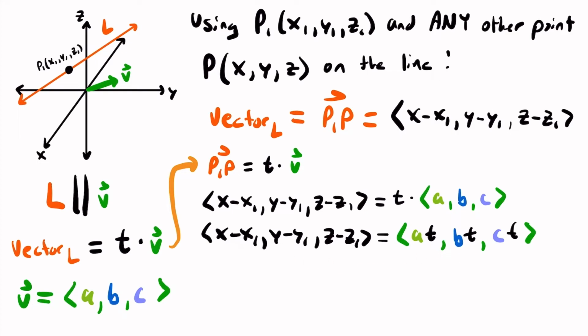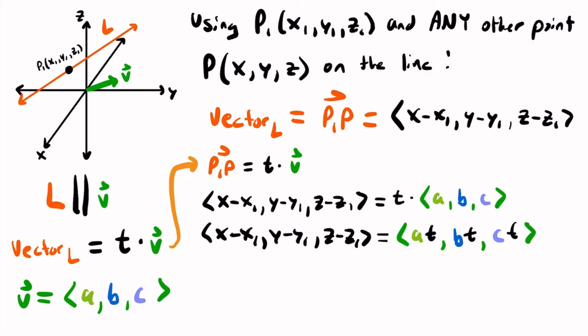This is one of the first things that we talked about early on in Calculus 3 when we first introduced vectors. If two vectors are equal, what that means is that their components are equal. Their x components must be equal, their y components must be equal, and their z components must be equal. So if we know that these two vectors are equal, we can set up a few equations by setting the x, y, and z components equal to each other.